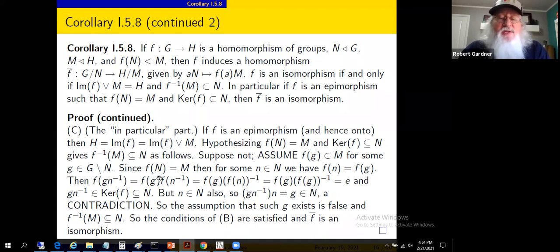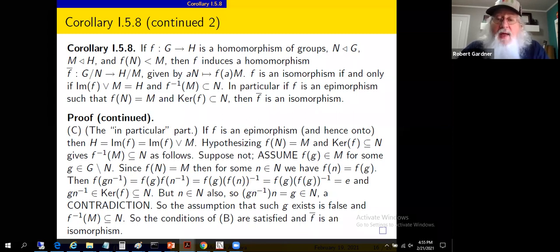Here we're hypothesizing F of N equals M. So for some lowercase n in the subgroup capital N, we do have F of n equals that element of M, F of g. So we get the existence of a lowercase n such that F of n equals F of g.